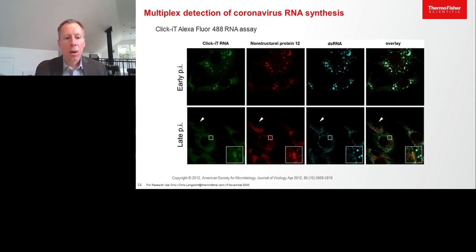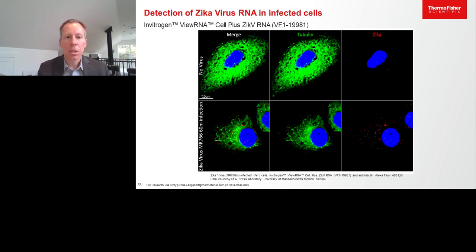And so while this is reporting specifically the production of virus RNA, it's not actually reporting any specific template, the RNA that encodes any specific protein. So we can do that, but using a different method.